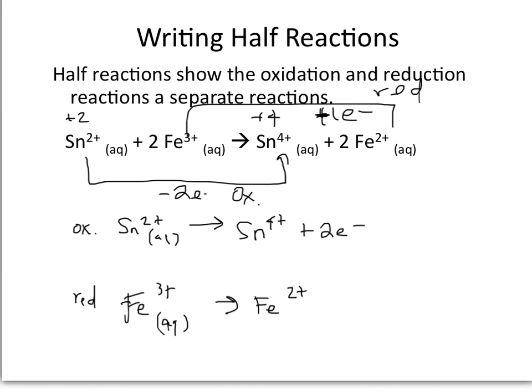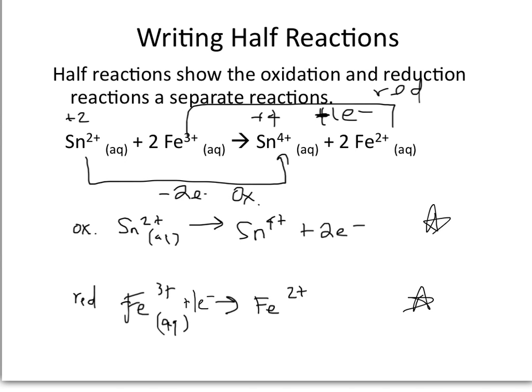If we look at that same perspective for the iron, we're going to add 1 electron here because 1 electron has been picked up in the reduction process to give us our Fe2+. So these 2 are your half reactions and how you would write them.